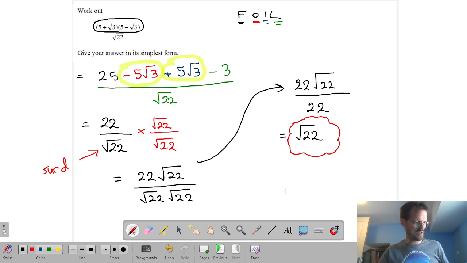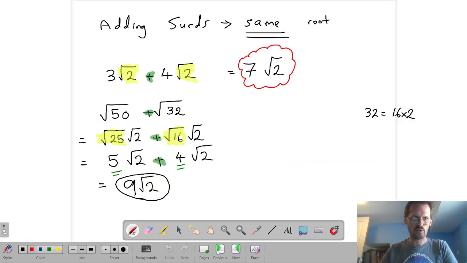Now, there are trickier rationalising denominator questions where you've got more than just a simple square root down the bottom here. So if you had something like 3 plus root 2 at the bottom, that's a whole new situation and we'll come back to that in a separate video. So hopefully we've given you a good overview there of surds.